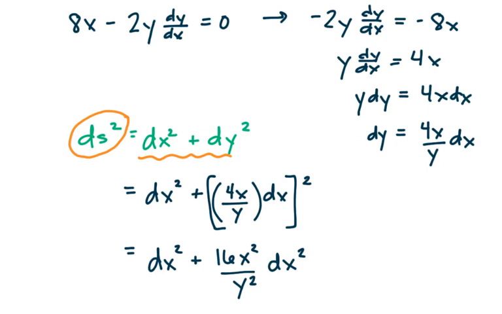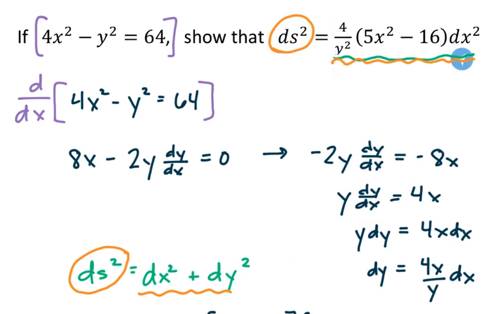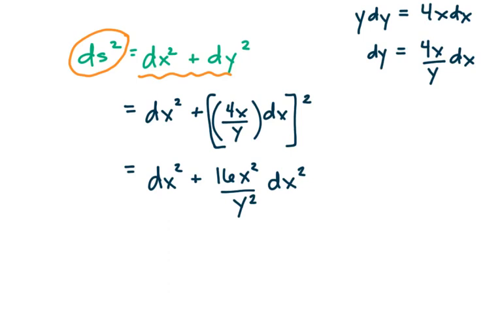Now, this expression we have, we're trying to make it look like what we started with, which was this. So in order for us to do that, we've got to be a little bit creative with our manipulation. I'm going to factor out dx squared. And now it looks like this.